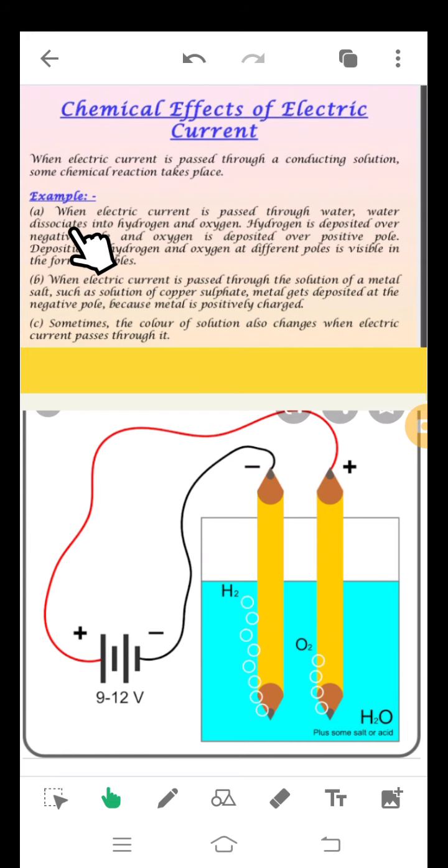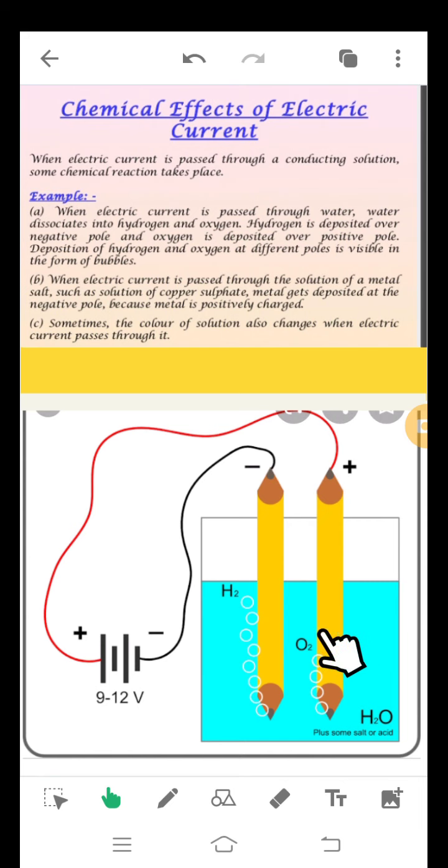For example, when electric current is passed through water, water dissociates into hydrogen and oxygen. As you can see, hydrogen is deposited over the negative rod and the oxygen is deposited over the positive electrode.